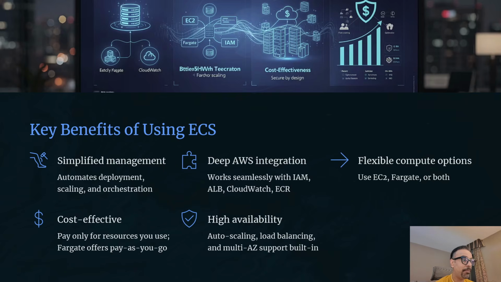Services can span multiple availability zones, that is, different data centers. So if one goes down, your application stays up and running. Auto scaling and load balancing are native features, not add-ons. So for a cloud engineer, this means less operational burden and more time to focus on building great applications.